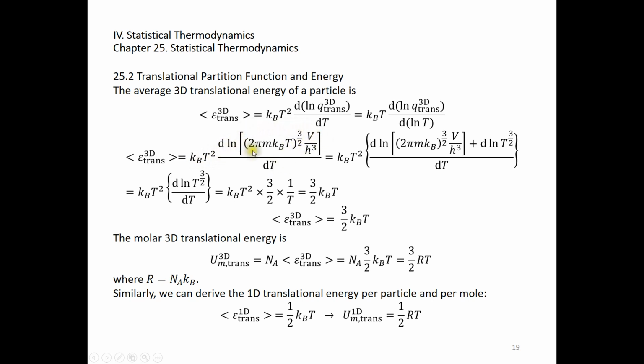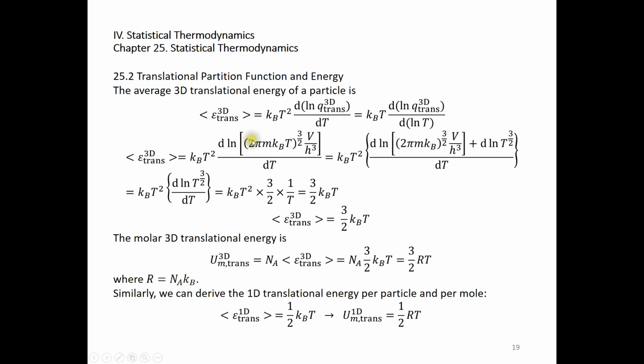And now look at this function. This function contains temperature here. So we can decompose this logarithm into the sum of two logarithms. This logarithm is the logarithm of a t to the power 1.5, plus the logarithm of everything else.